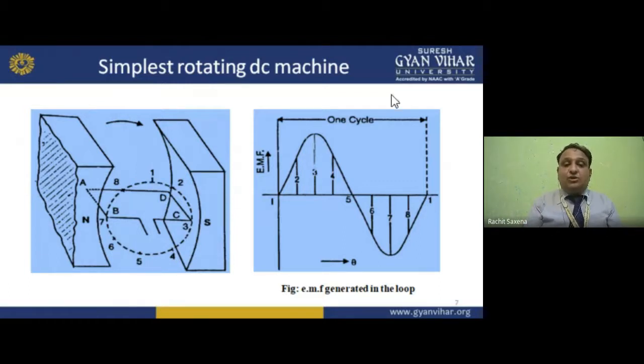It is also shown here: 1, 2, 3, 4 are positive, then 5, 6, 7, 8 are negative. In a motor we use the Fleming left-hand rule; later on I'll tell you, not in this lecture but in the next lectures. I hope you understand.